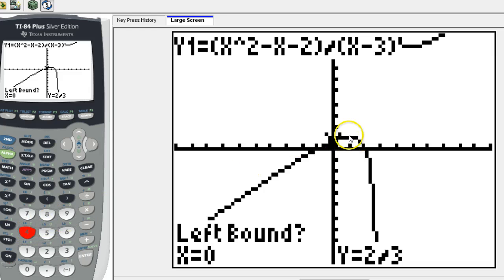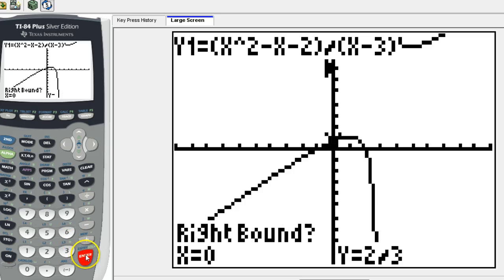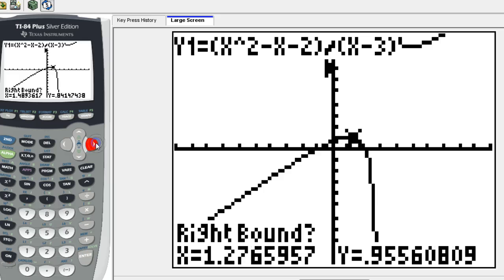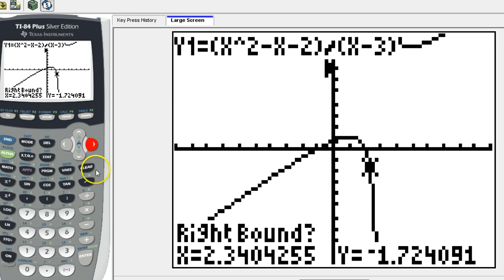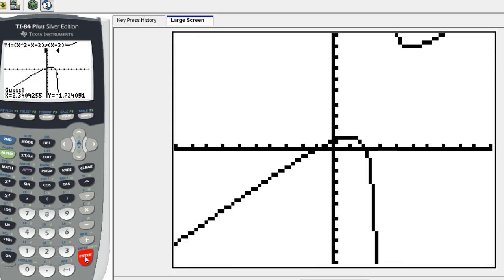Now I estimate that the maximum is right about here. I need to pick a point to the left and to the right of it. So I see the cursor, I'm on the left, so I can just hit enter. Now it says what about to the right, so I can just scoot on over to the right of where I think it is and hit enter, and then I can just hit enter again.